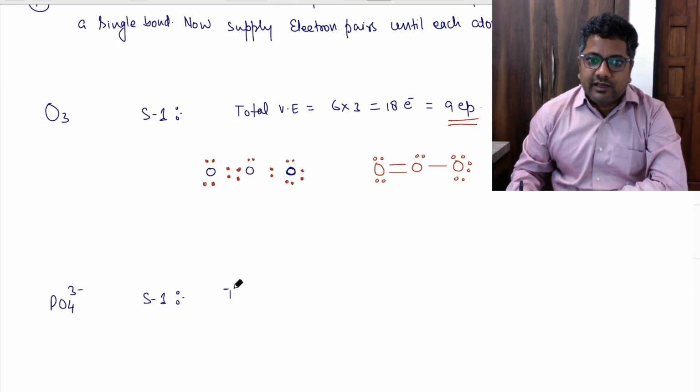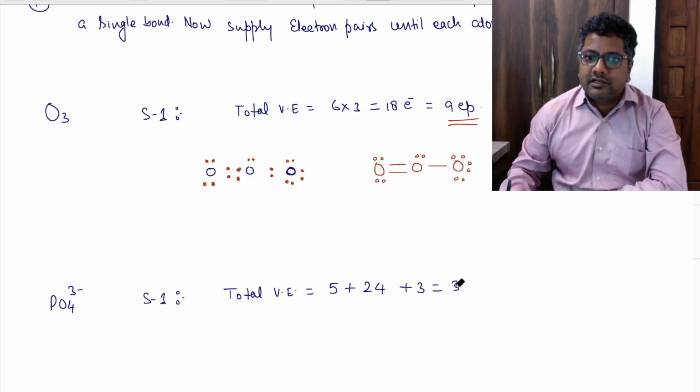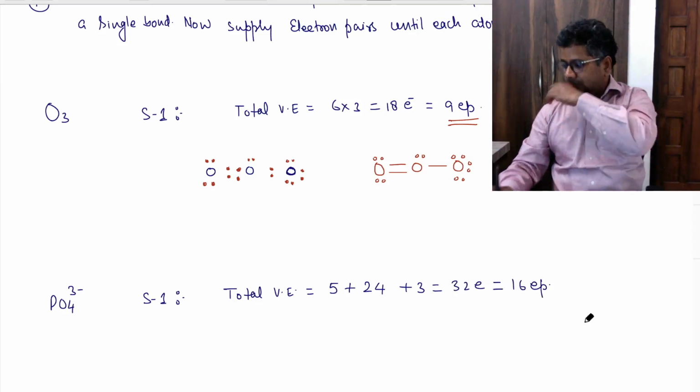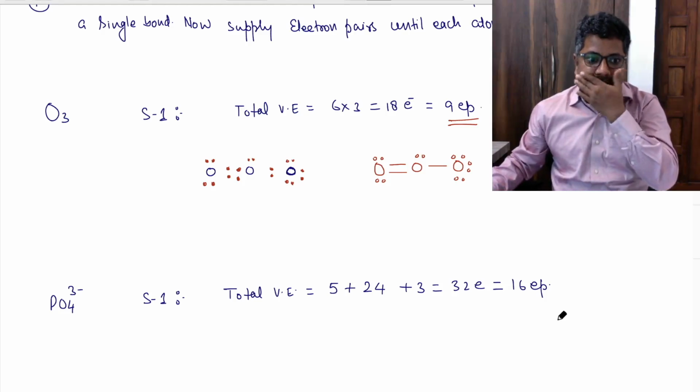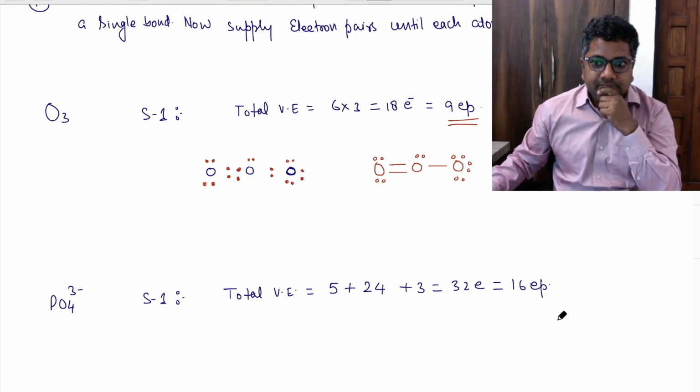So total valence electrons is equal to phosphorus 5 plus 6 into 4, 24, plus 3. So this is 32 electrons, means total 16 electron pairs. Total 16 electron pairs are there, right? Any doubt?